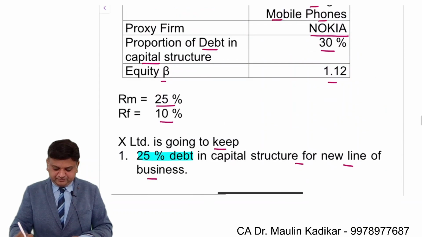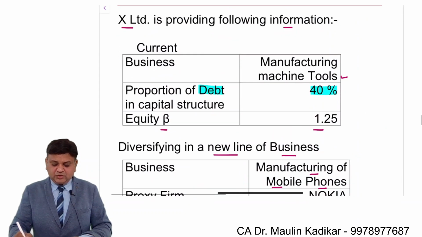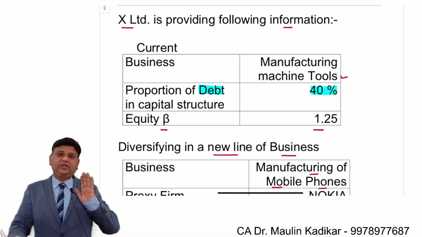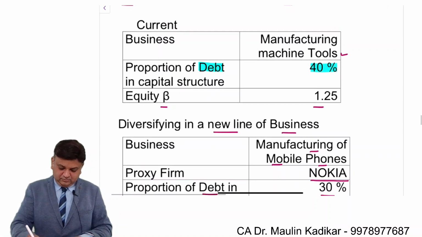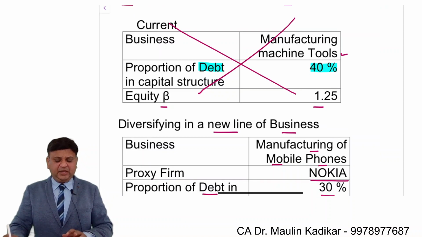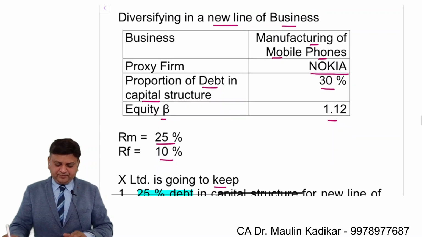That is the question. So friends, from X Limited's point of view, the information is that it is entering into a new line of business. Whatever existing information is given to us is of no use to us.